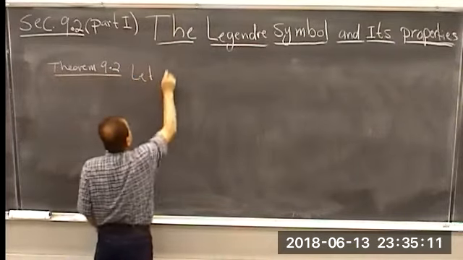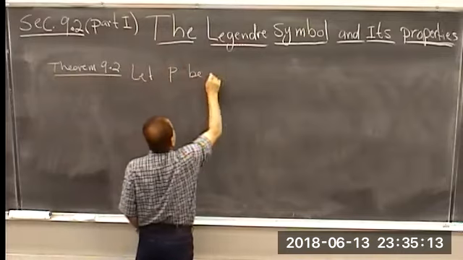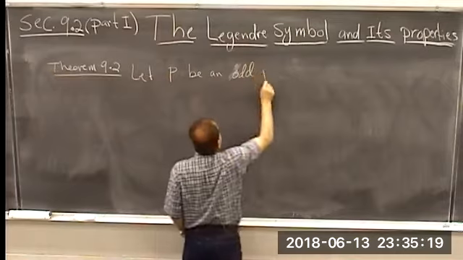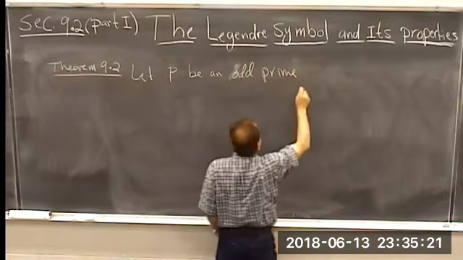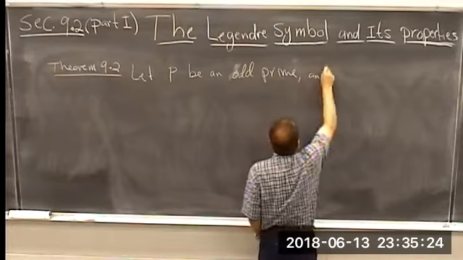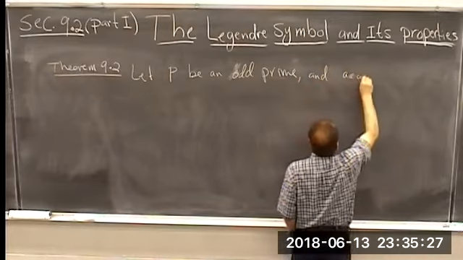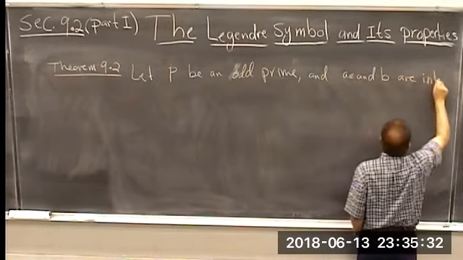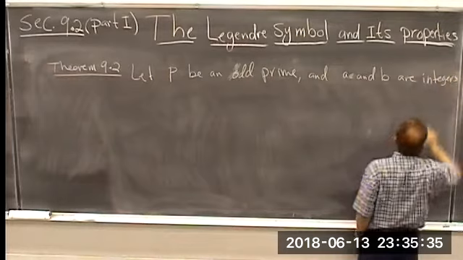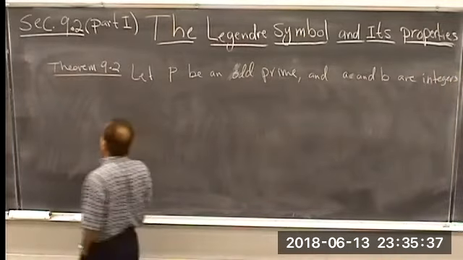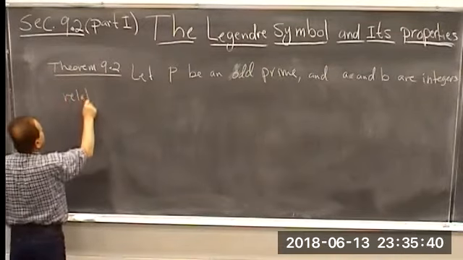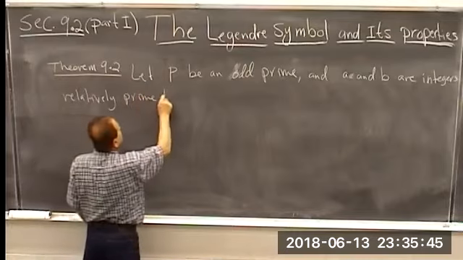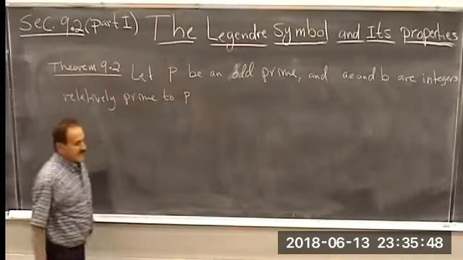Again, we're going to let p be an odd prime, and a and b are integers relatively prime to p, but not necessarily with respect to each other, okay?